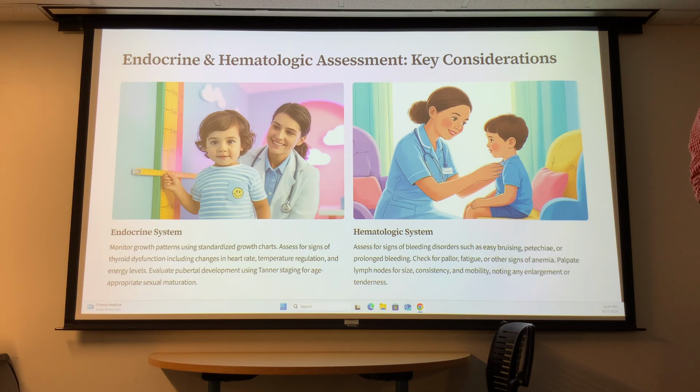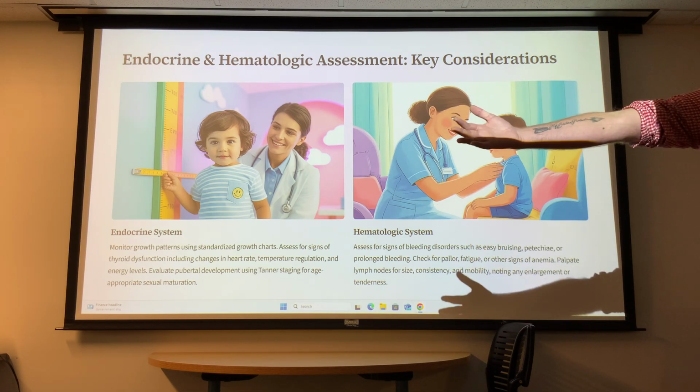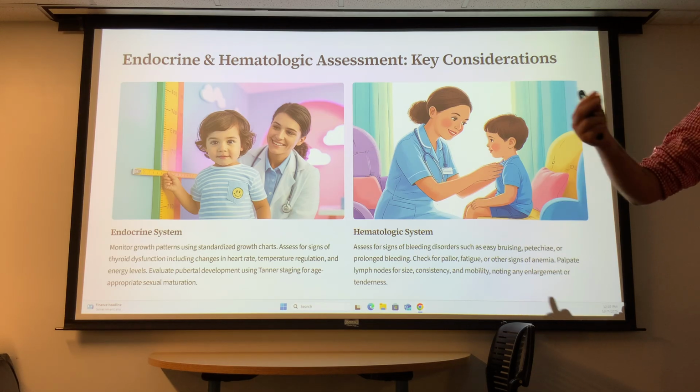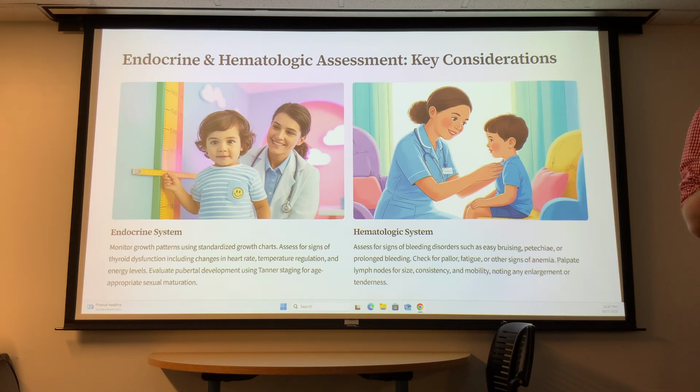As they mature through puberty, they go into the different stages based on when they start having breast bud development or start sprouting pubic hair, armpit hair. For boys, their testes get larger, their penis gets larger. That's where the Tanner staging comes in.